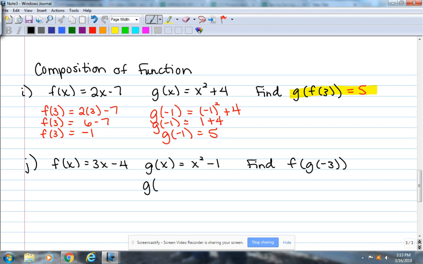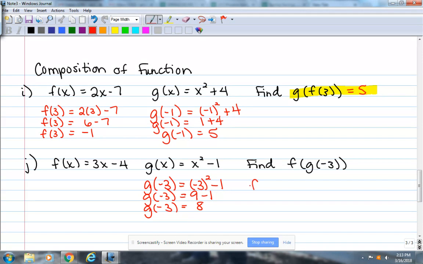So g of negative 3. So that would be negative 3 squared minus 1. Negative 3 squared, positive 9 minus 1 is what? Oh, sorry. So there's my inside is 8. So my g of negative 3 was 8.